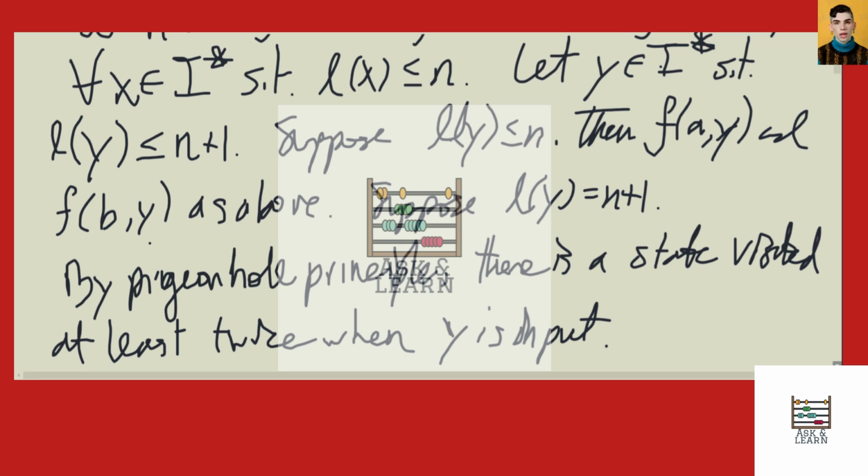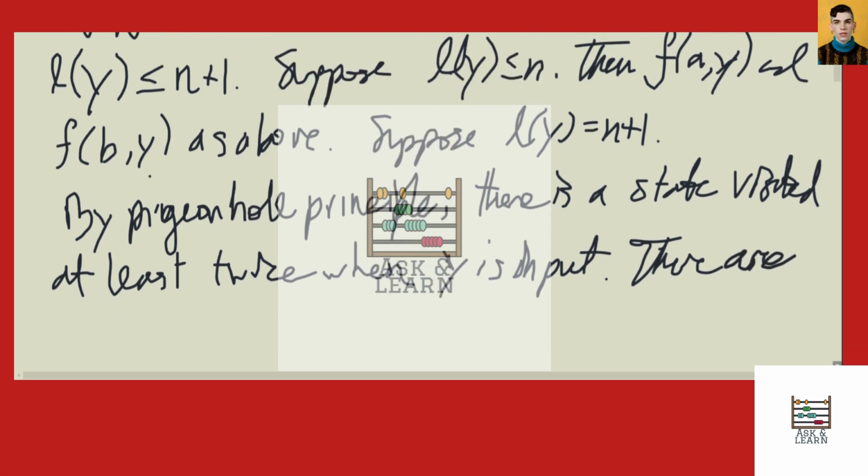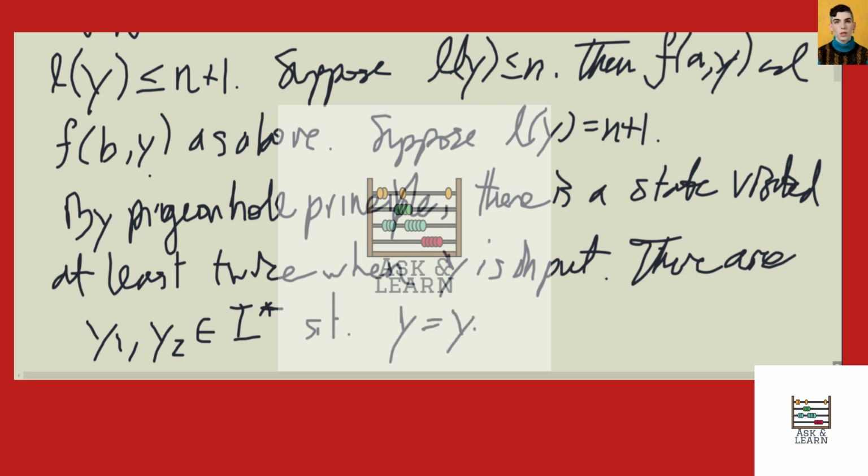So it follows that there are two strings y1 and y2 such that y equals y1 y2. So y is a concatenation of y1 and y2. Neither string can be the empty string also.